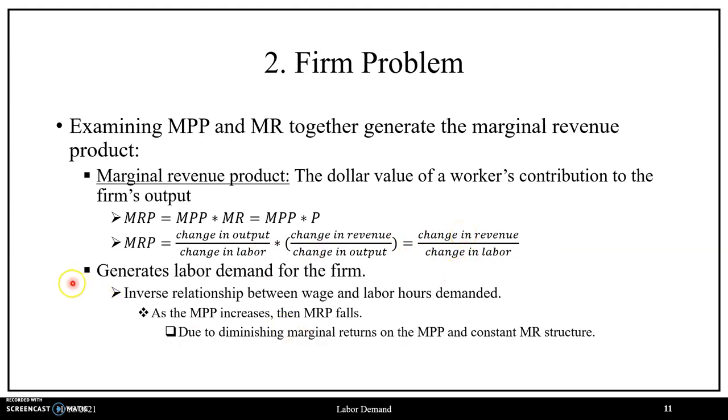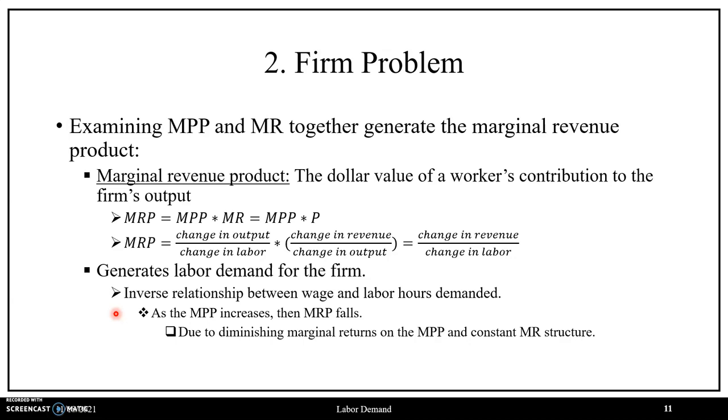This overall generates the labor demand for a firm, in that there's an inverse relationship between wage and labor hours demanded, given that the marginal physical product is downward sloping due to diminishing marginal returns on labor, and our marginal revenue is equal to the price of the good or service, where the firm is a price taker, therefore it's constant. So as the marginal physical product decreases, it decreases the marginal revenue product, due to each additional worker brought on board not being as productive as the last unit.